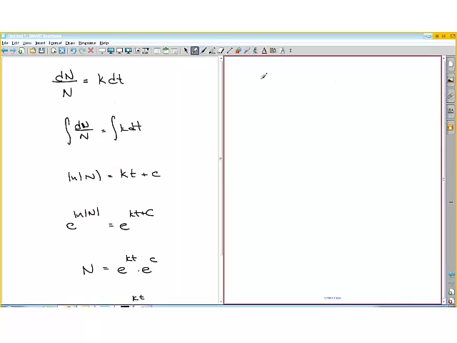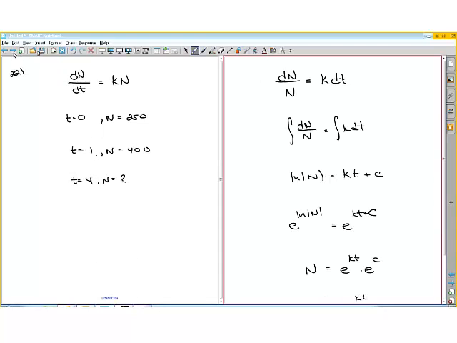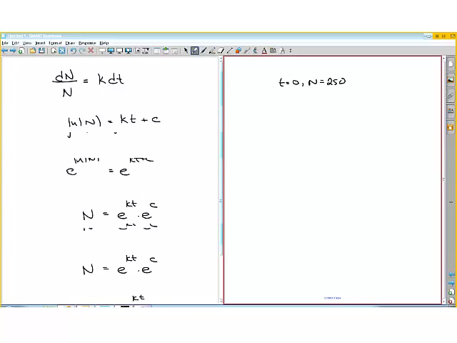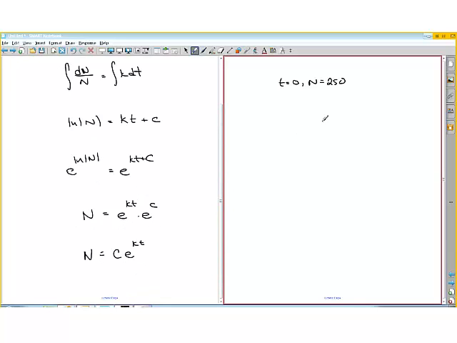So we're going to use the first one to get c. t equals 0, n equals 250. So plug in t equals 0 on the right-hand side, and n is 250.